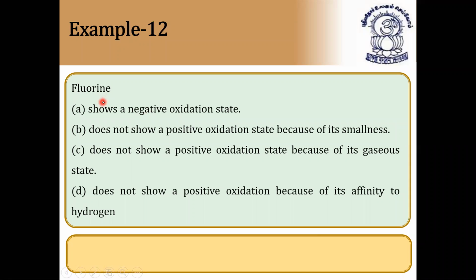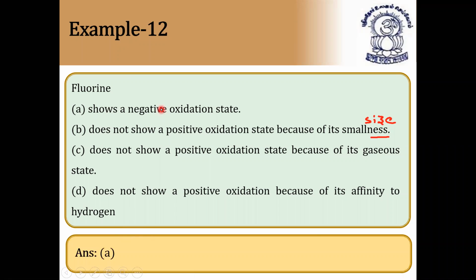Which is the correct statement? Fluorine shows negative oxidation state, does not show positive oxidation state because of its small size, because of its gaseous state, or because of its affinity towards hydrogen. So answer is the first option, it shows only the negative oxidation state, that is -1, because all other reasons are not correct.